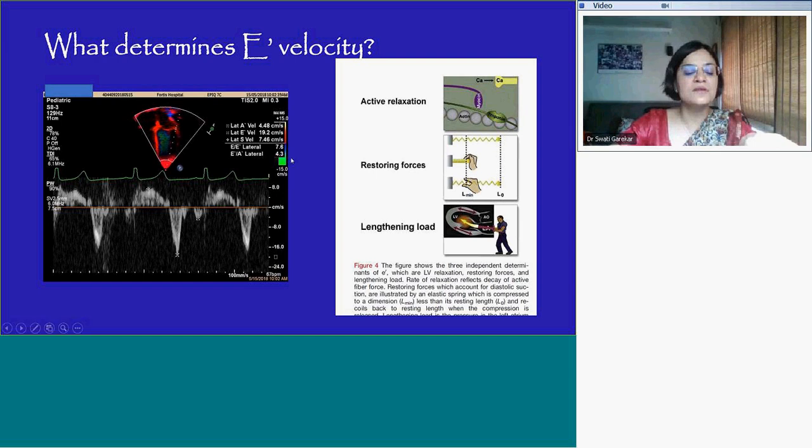How velocity will be... your LV is like a coiled spring. Bouncing. So that's what's happening over here. That's reflected.